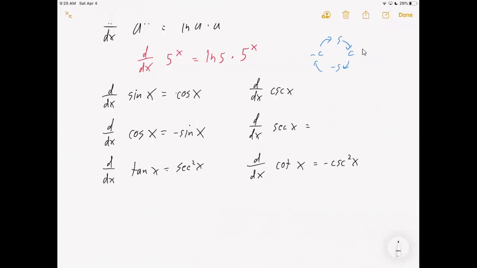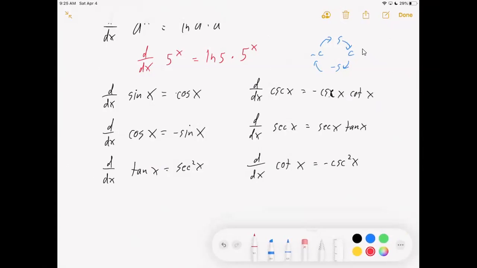The secant was secant x tan x. The cosecant was negative cosecant of x cotangent of x. And remember, these factors are interchangeable. They can be in either order, so you can remember it either way.